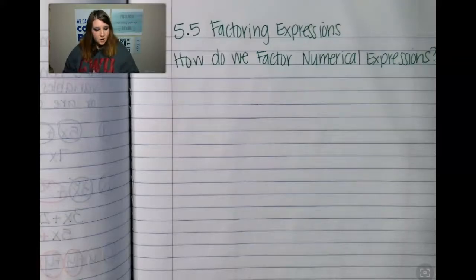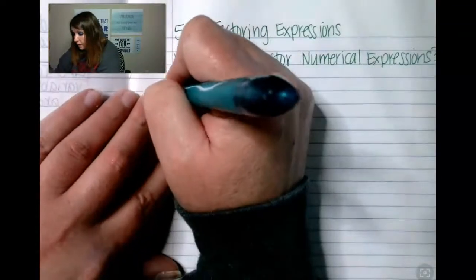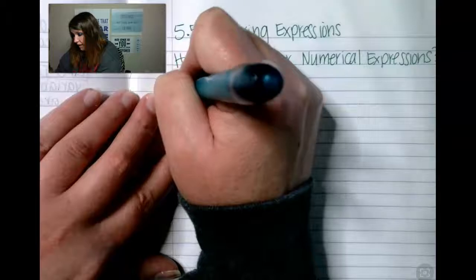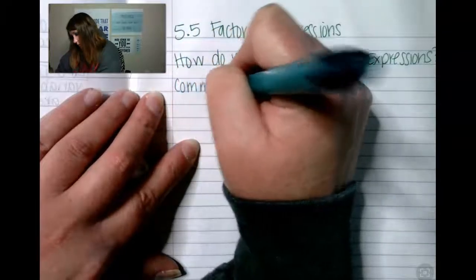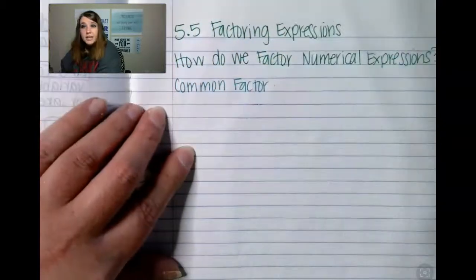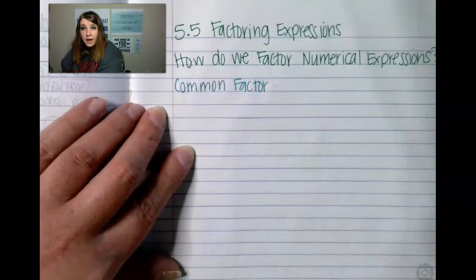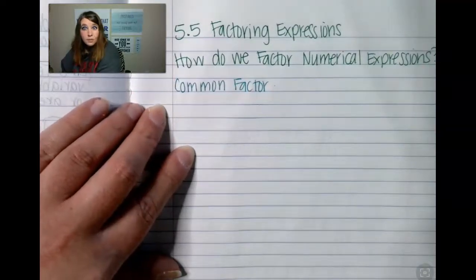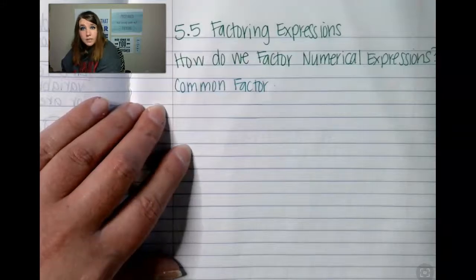Okay. So, first, we're going to talk about factoring with the greatest common factor. So, a common factor is a factor that two numbers have in common, or three numbers have in common, or four numbers have in common.